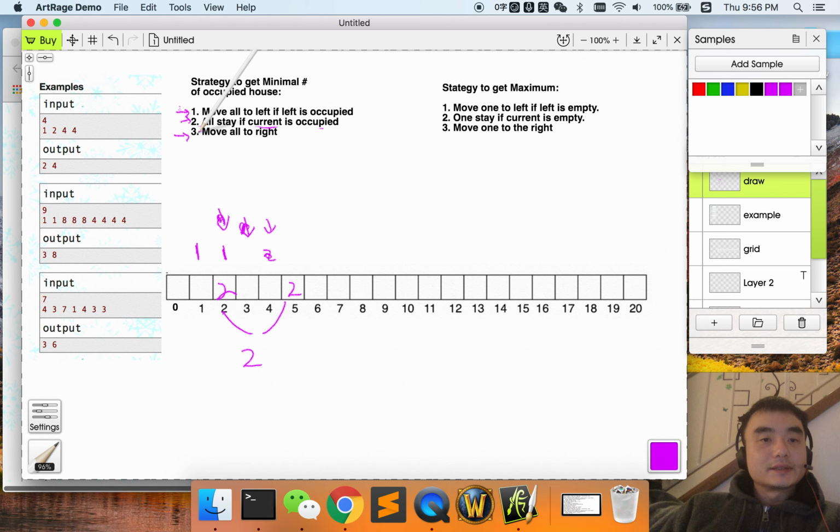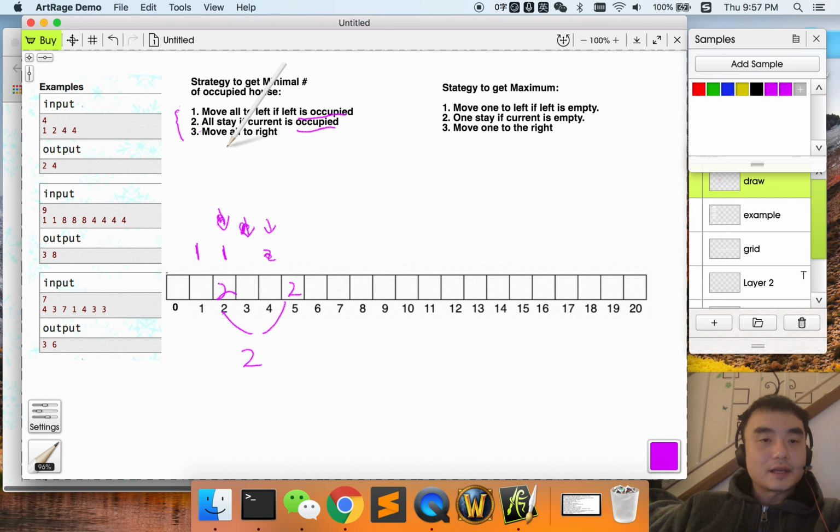So why do we use this strategy? The key point of this strategy is to occupy the houses that are already occupied, right? If a house is already occupied, we move the people there.